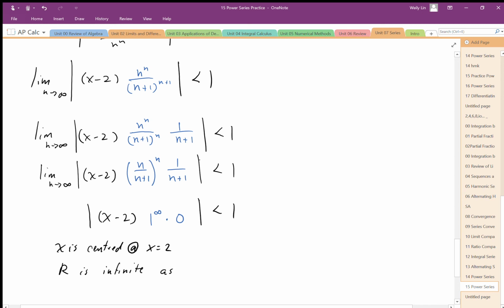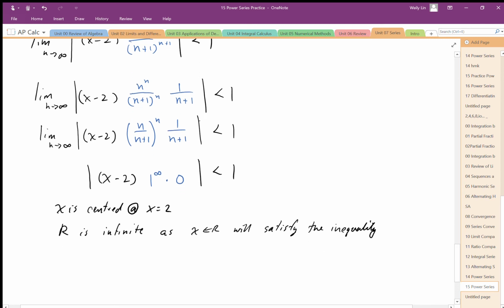Any x will satisfy the inequality. It's because we're multiplying by 0. Anything times 0 is going to be less than 1. So any value of x works.